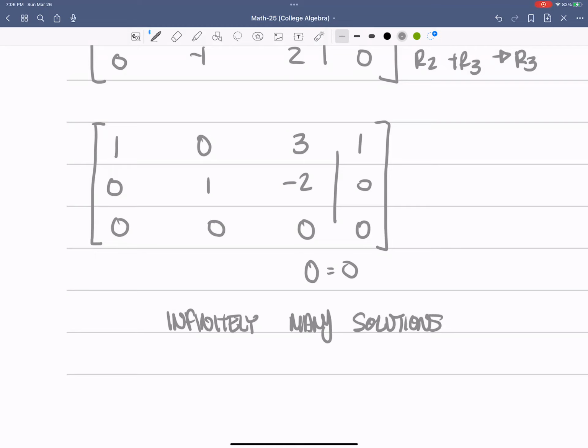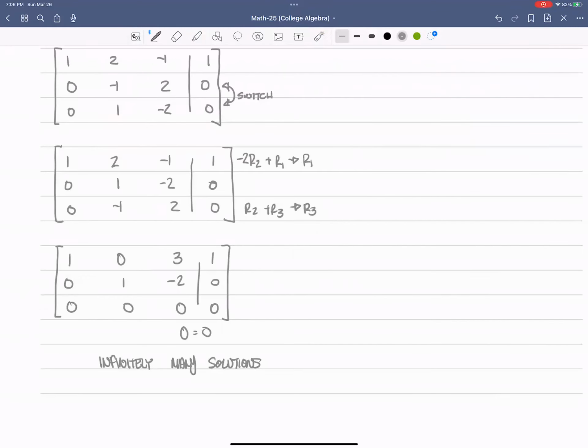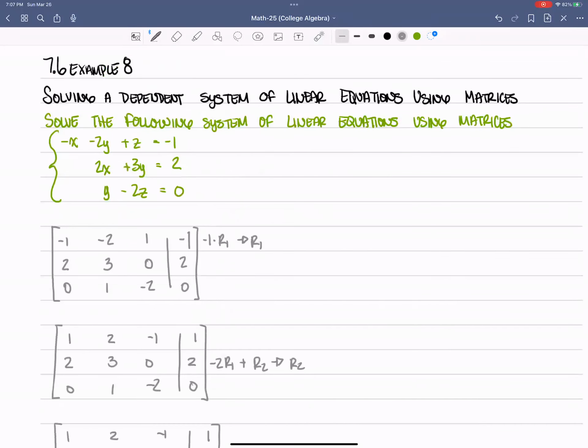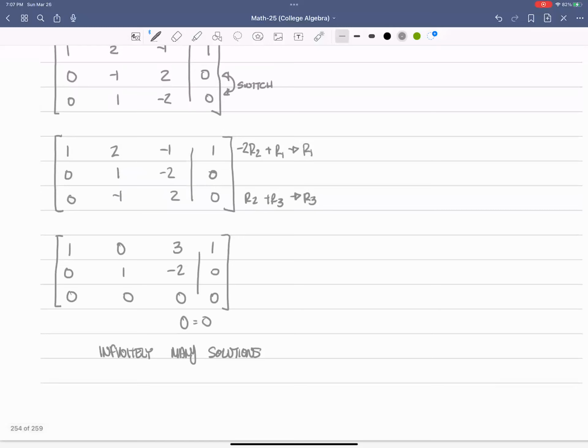All right, so what does this mean? We're going to rewrite everything in terms of x. Let's see what that solution is first. All right, to find the solutions to all of this, let's get these equations.